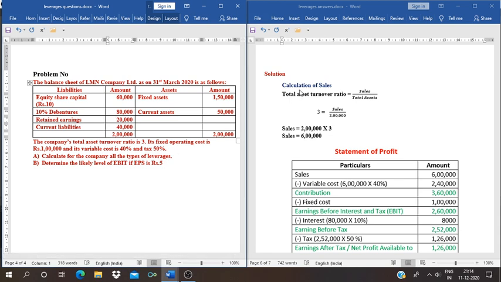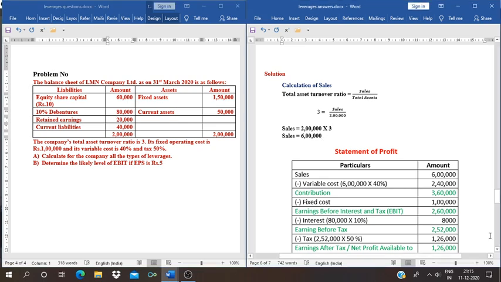Okay, first, calculation of sales. The formula is total asset turnover ratio is equal to sales divided by total assets. The total asset turnover ratio is given in the problem, that is 3, and the sales is not given, and the total assets is 2 lakhs. Now sales is equal to, cross multiply, 2 lakhs into 3, means sales 6 lakhs.